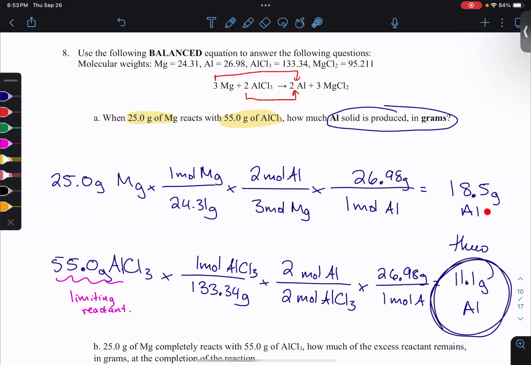No, it means nothing to us because we will never, ever make 18.5 grams of aluminum product because the magnesium will never fully react. What this does mean is that magnesium is our excess reactant. After this reaction is done, all of the aluminum chloride is exhausted, you will still have some magnesium left that is just lonely and won't react, right?